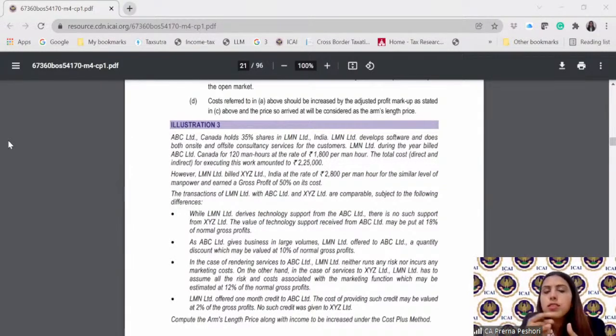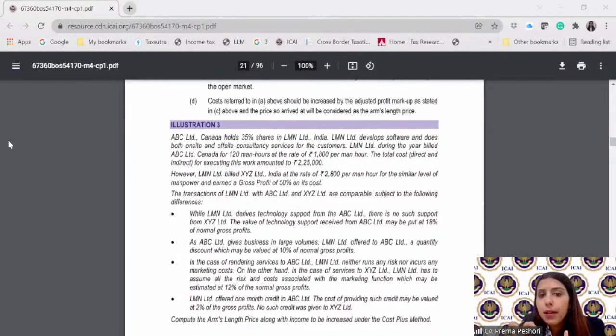Total cost, direct and indirect, for executing this work amounted to rupees 2,25,000. However, LMN Limited billed XYZ Limited India at the rate of rupees 2,800 per man hour for the similar level of manpower and earned a gross profit of 50% on its cost.